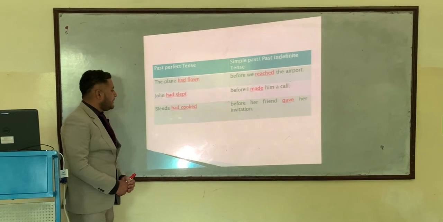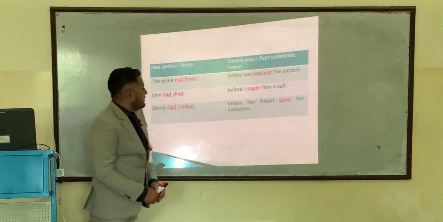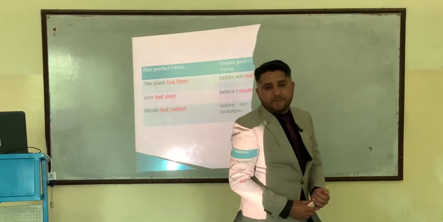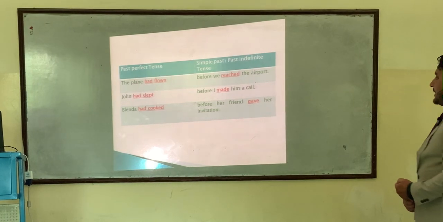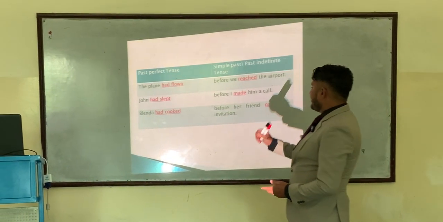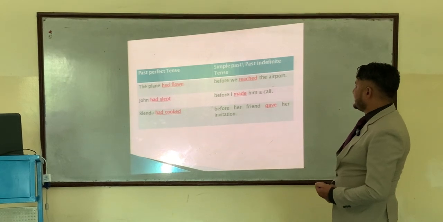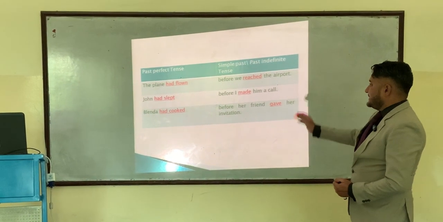And the third example, Glenda had cooked food before her friend gave her invitation. Glenda had cooked is in the past perfect, and before her friend gave her invitation is in the simple past tense.